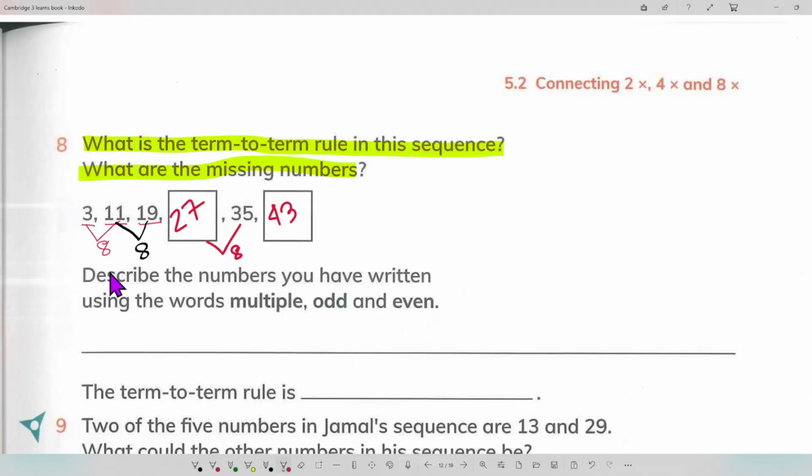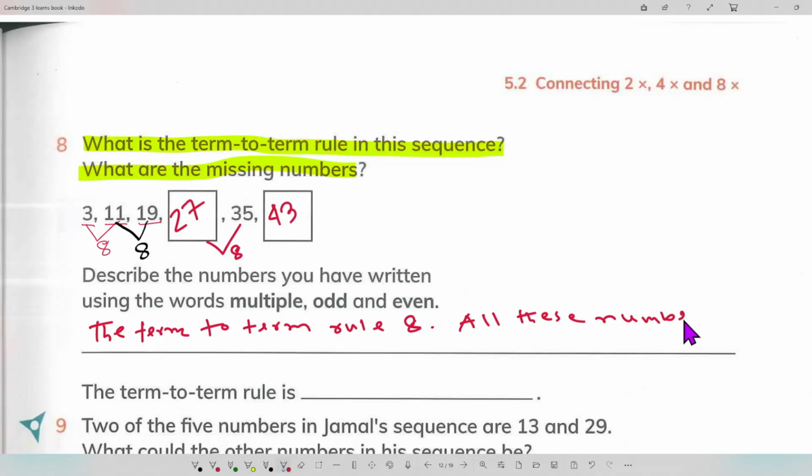So here term to term difference, the term to term rule 8. All these numbers are odd, right?